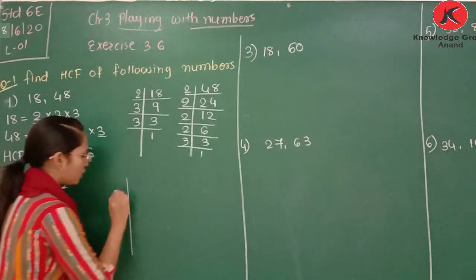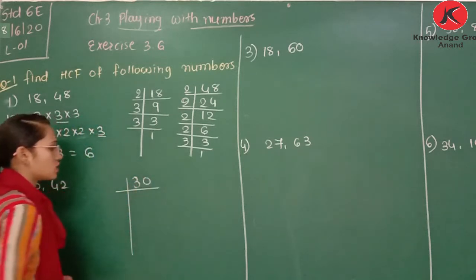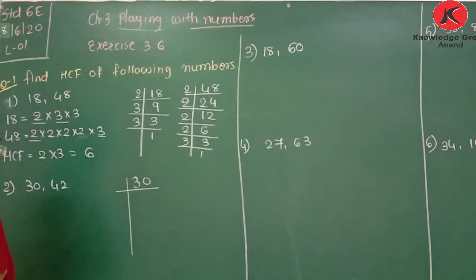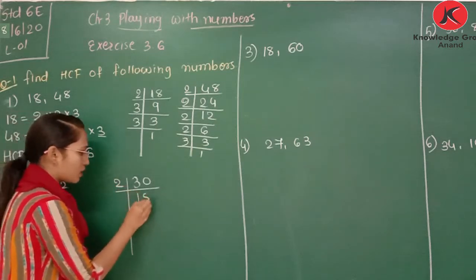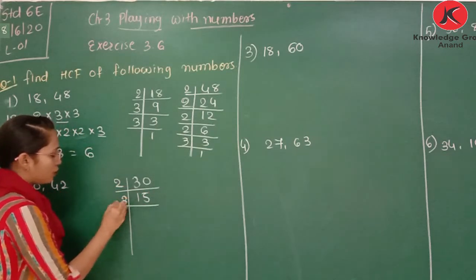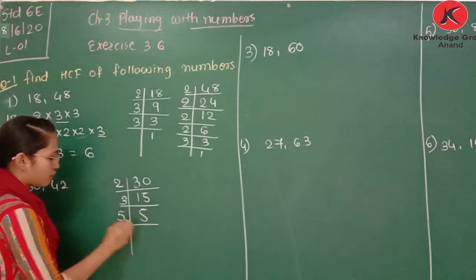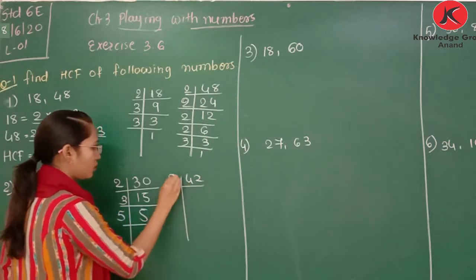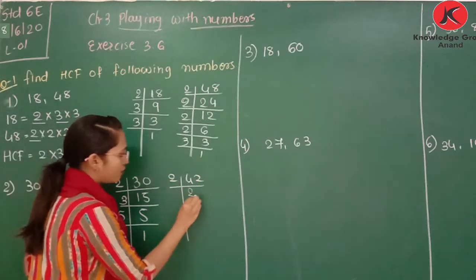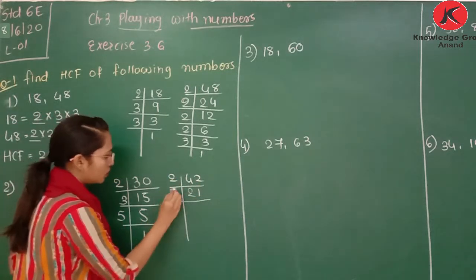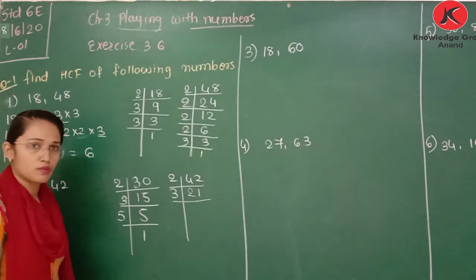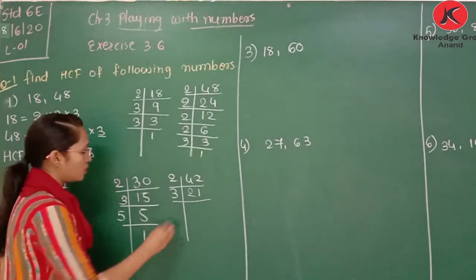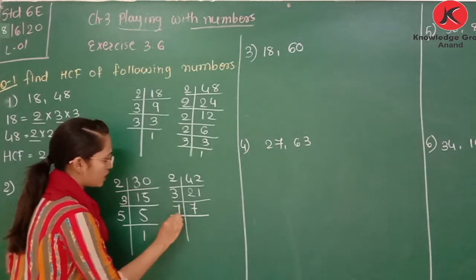So make a factor of 30 using prime factorization. Divide 30 with 2. 15 2s are 30. 3 5s are 15. 5 1s are 5. Now factor of 42. 21 2s are 42. Now 21 is not divisible by 2, so divide it with 3. 3 7s are 21, 7 1s are 7.